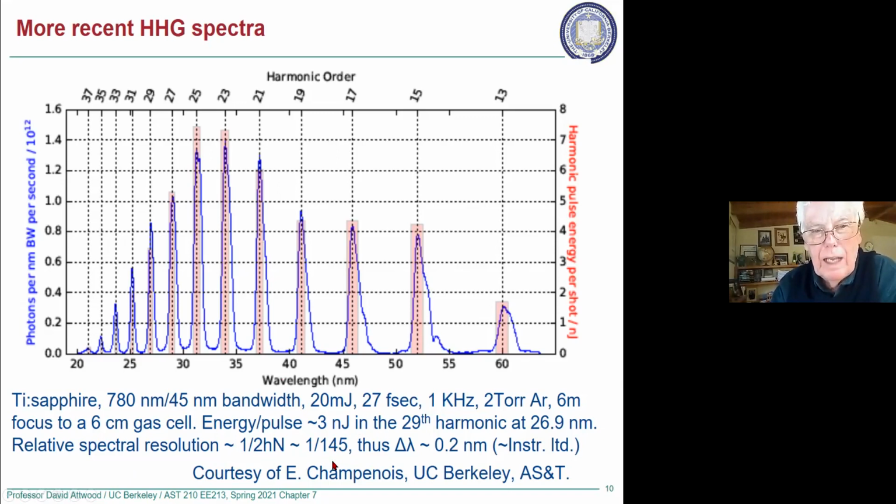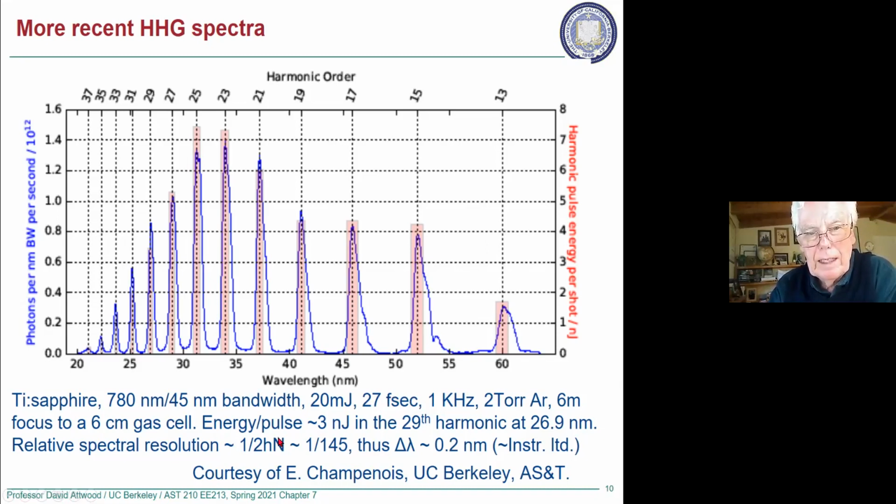And why is that? This H is the harmonic number, and N is the number of cycles of the 780 nanometers in a 27 femtosecond pulse. We could divide that out and figure out how many cycles this corresponds to. I'm guessing it's like 9, 10, 11, 12 cycles.